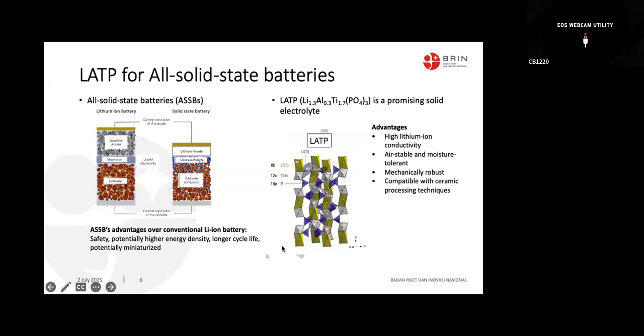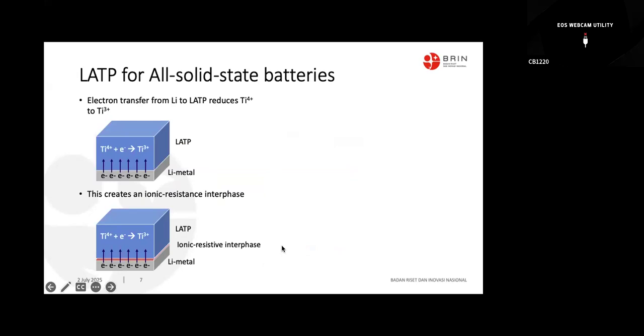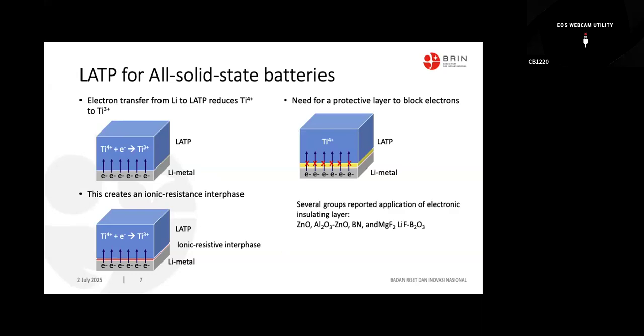That's the end. Okay, let's skip this. And then, the problem is when LATP is brought into direct contact with lithium metal, for zinc oxide, aluminum oxide, even boron nitride.